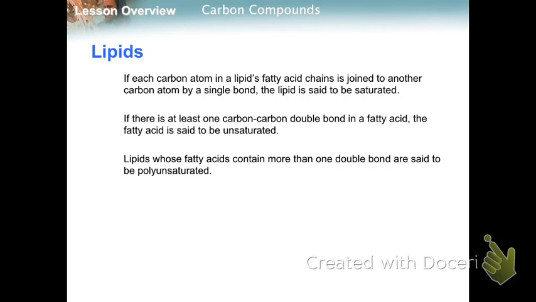If each carbon atom in a fatty acid chain is joined to another by a single bond, the lipid is said to be saturated. These are the fats that are bad for you. If there is at least one carbon-carbon double bond, the fatty acid is said to be unsaturated. If there's more than one double bond, that lipid is called polyunsaturated.